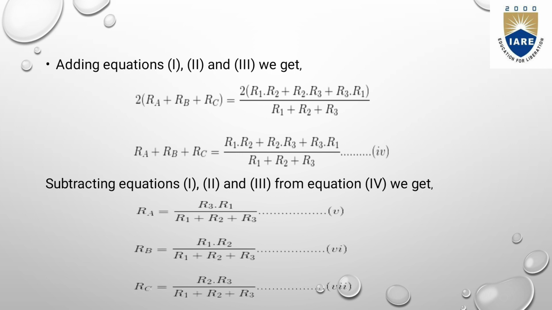Then we'll get RB is equal to R1 R2 by R1 plus R2 plus R3. This will be our equation 6. Next, if we subtract equation 3 from equation 4, we get RC is equal to R2 R3 by R1 plus R2 plus R3. This will be our equation 7.